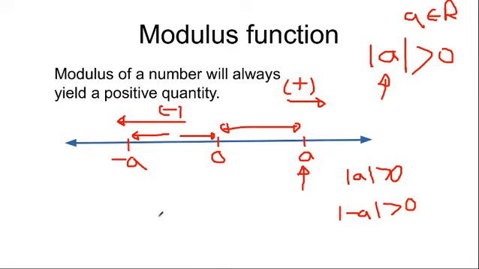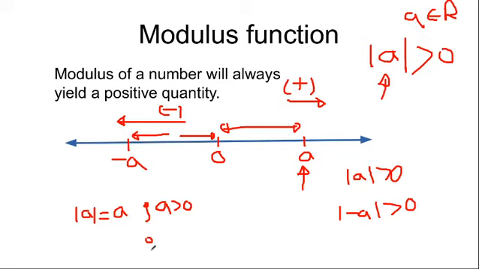So how do we get the magnitude? You know that the distance or the magnitude is always a positive quantity. If a is positive, the modulus of a can be replaced by a itself, right?